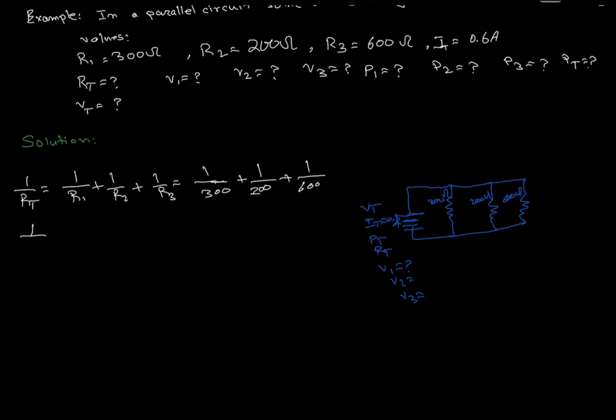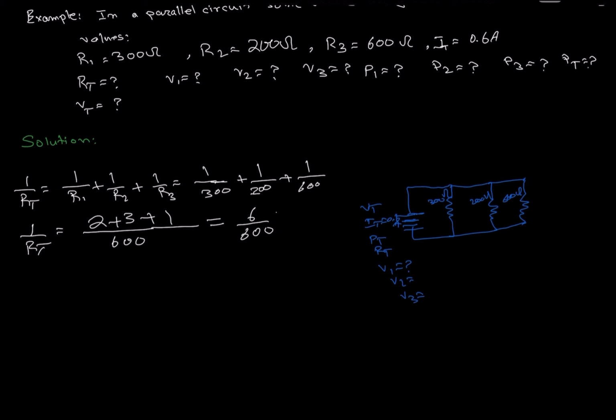As usual, find the common denominator. It will be 600, because it can be divided by 200, 300, and 600. 600 divided by 300 is 2, 2 times 1 is 2. Plus 600 divided by 200 is 3, 3 times 1 is 3. Plus 600 divided by 600 gives us 1, 1 times 1 is 1. So 2 plus 3 plus 1 gives us 6 over 600.